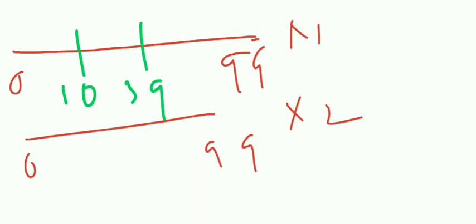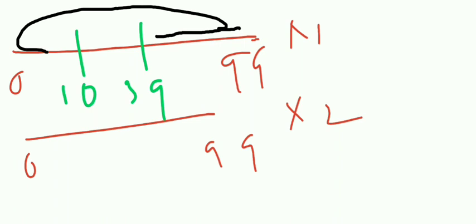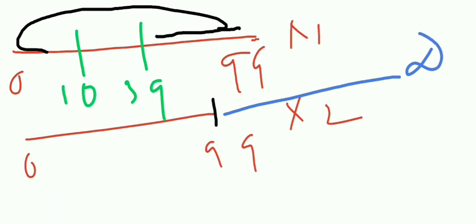So what will happen when you shift from this 39 is that it will go like this, but circular convolution will come back to 0 again after 99. That's why it is called circular convolution. But what will linear convolution do? Linear convolution will go up to infinity.